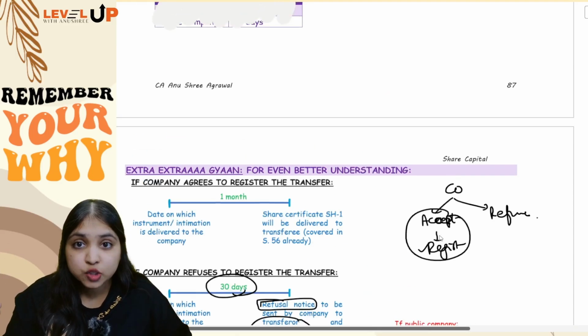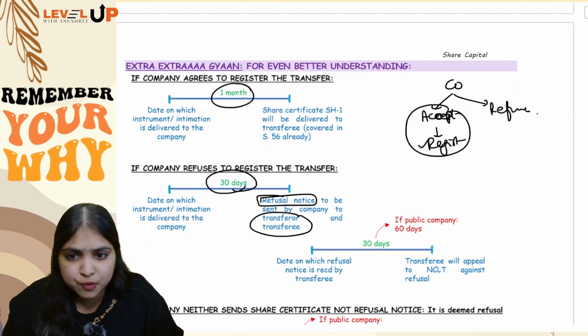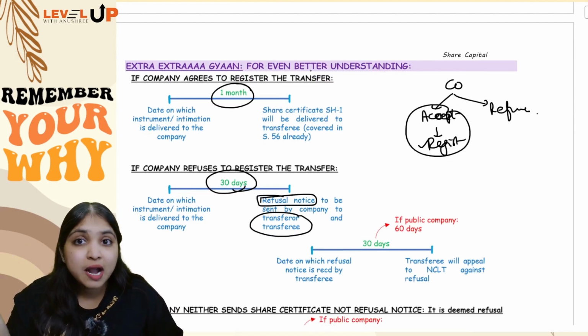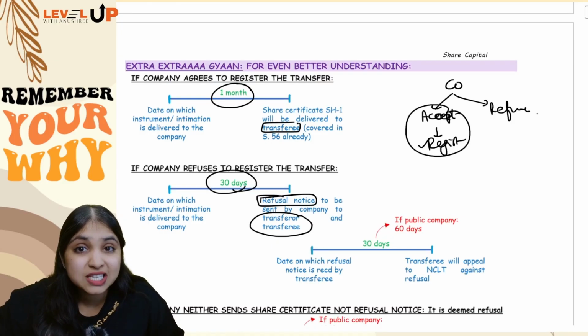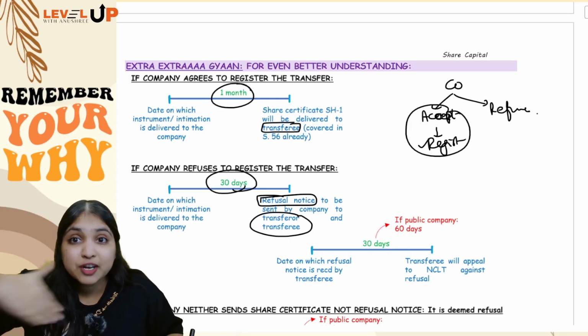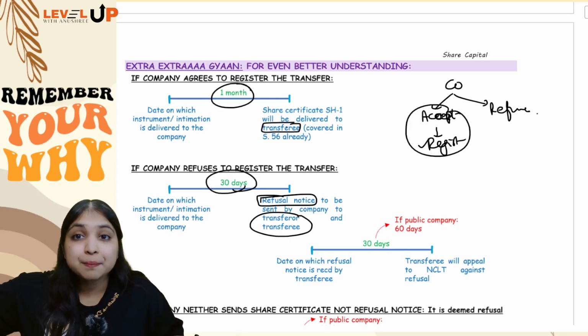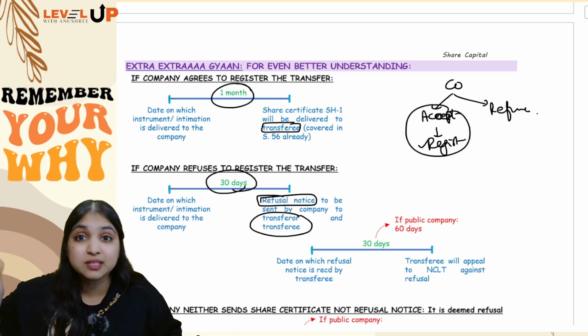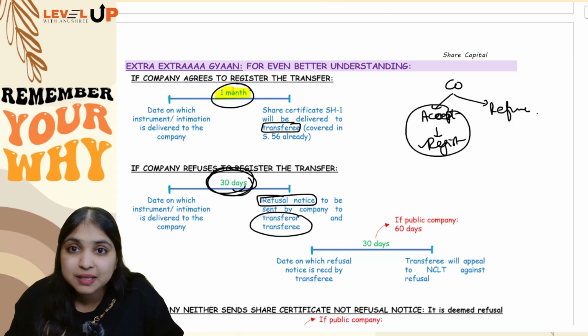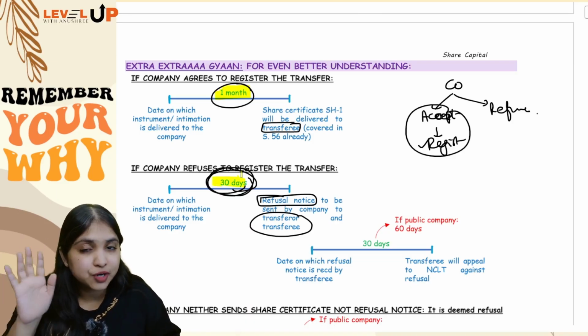Within 30 days. So it's more or less the same. The time limit is 1 month for the share certificate, and 30 days for the refusal notice.